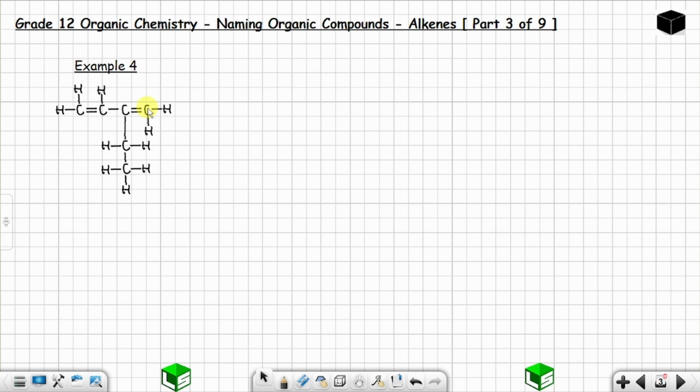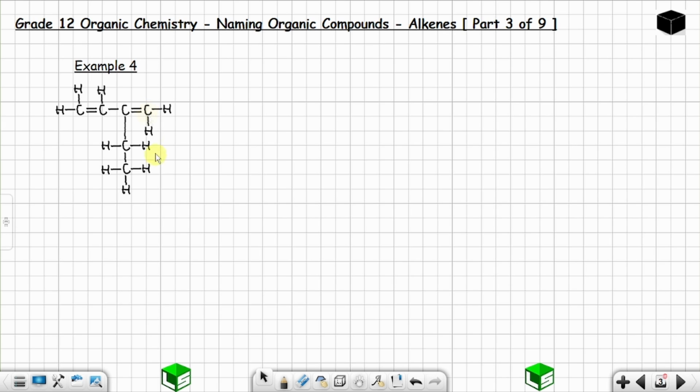Now, the numbering, will it be done from left to the right or from right to the left? You can see if I start from left, the first double bond will be on carbon number 1 and the second one will be on carbon number 3. If I start from right to the left, the first double bond will be on carbon number 1 and the second double bond will be on carbon number 3.